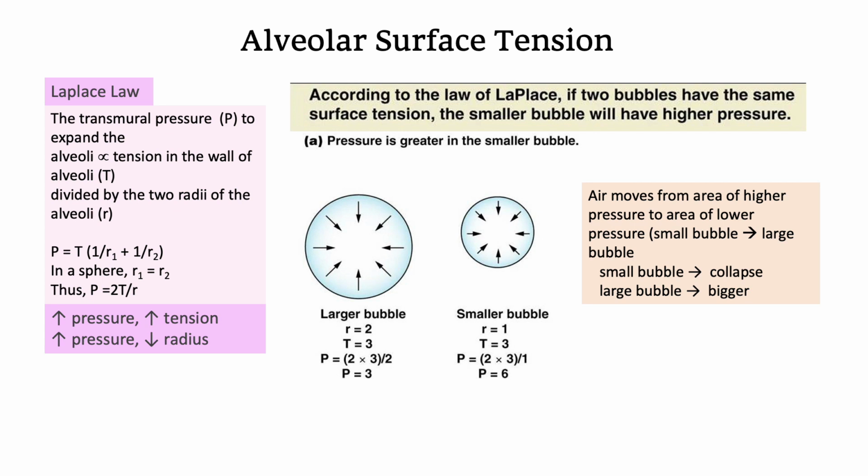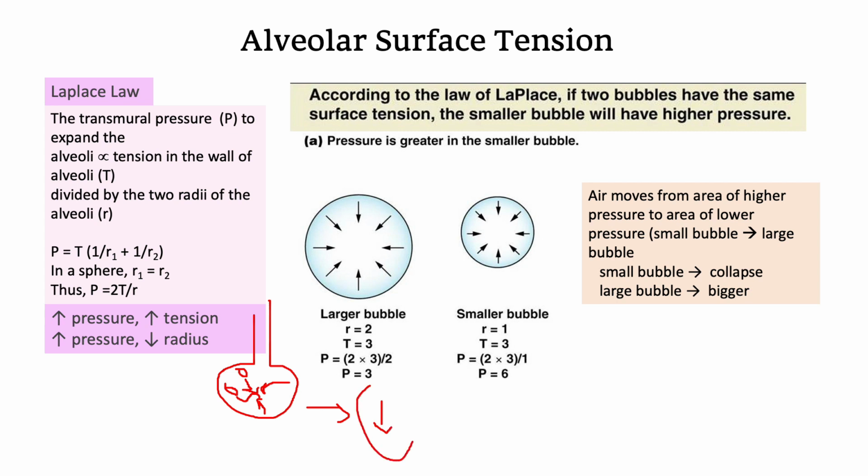Remember the previous slide: when there is water on the surface of the alveoli, it pulls the water molecules closer and eventually pulls the alveoli to become smaller. When the alveoli are smaller, the radius decreases.